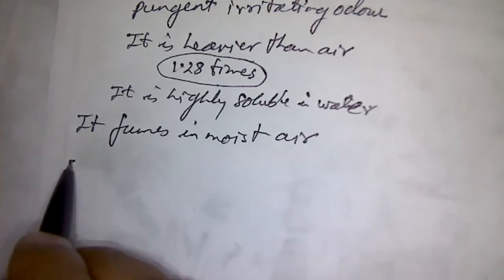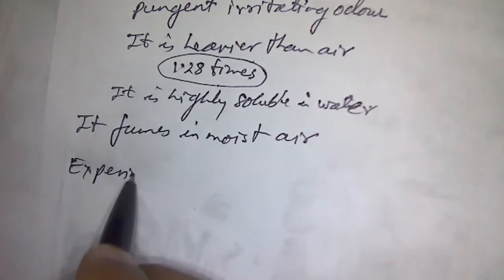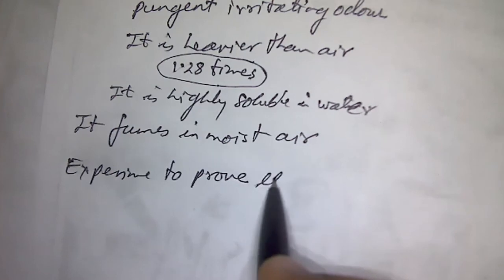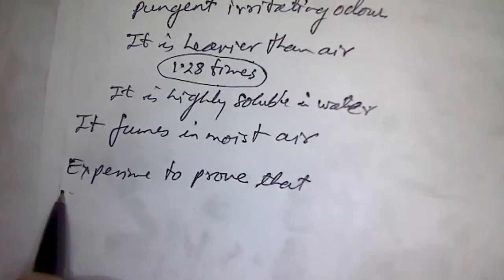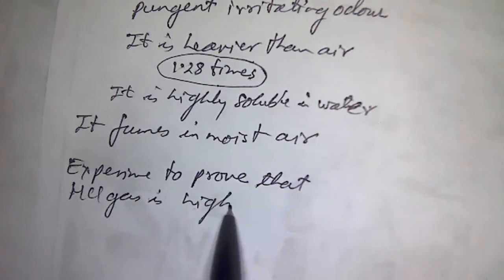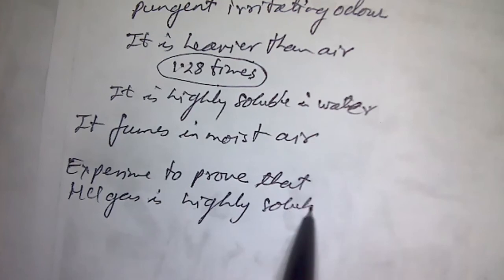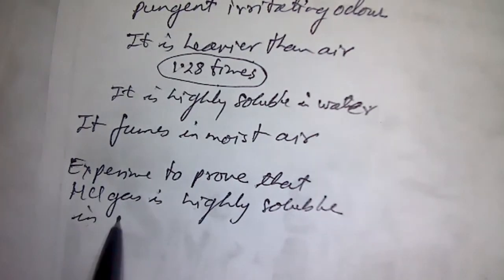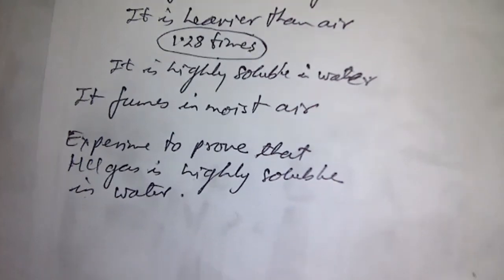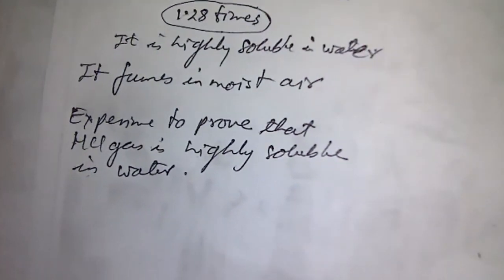So we'll do this experiment to prove that HCl gas is highly soluble in water. Hydrogen chloride gas is highly soluble in water. How can you prove it? Clear? So to prove it, what will we do? We'll carry out an experiment.